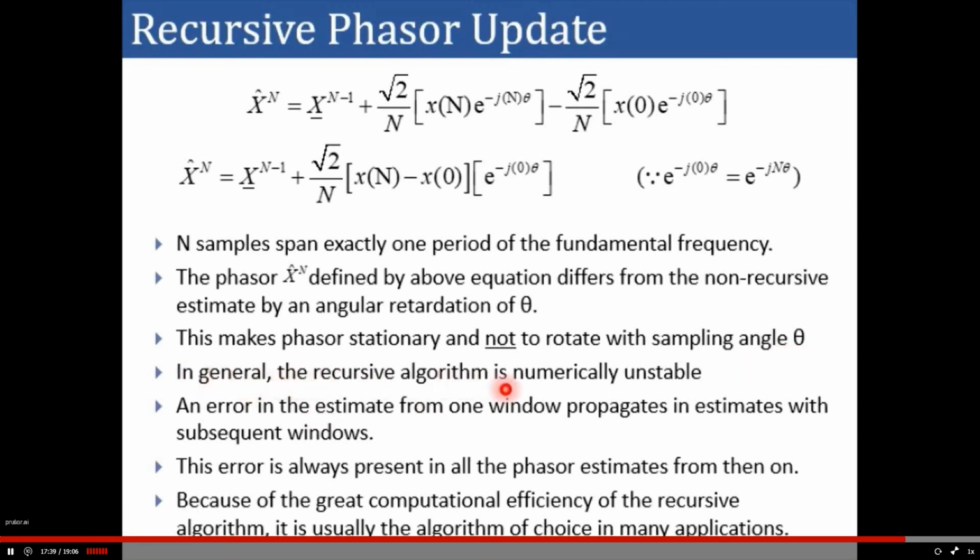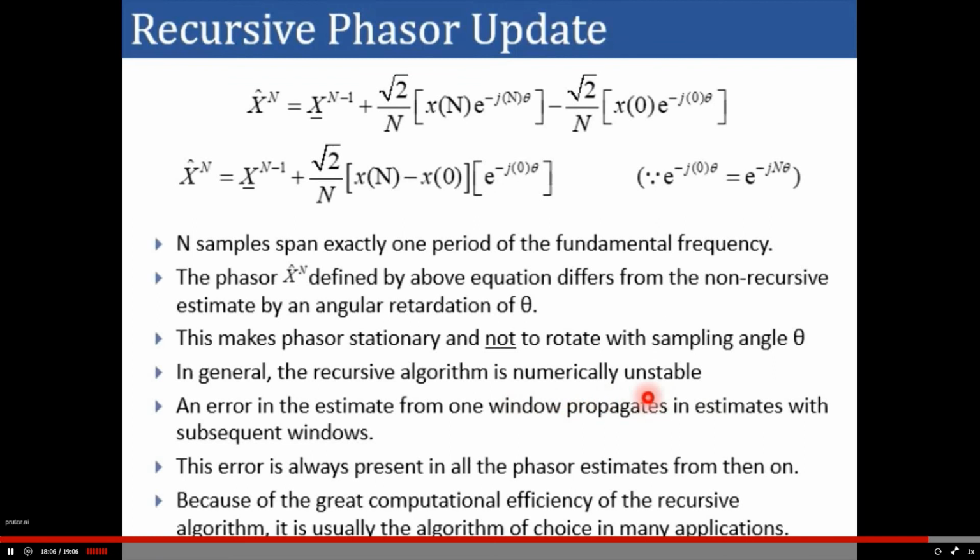In general, the recursive algorithm is numerically unstable because we are reutilizing the samples n is equal to 1 to capital N minus 1, which makes this kind of recursive update numerically unstable. If there is any error in the samples from n is equal to 1 to n minus 1, the same error will be reflected in the next window also.